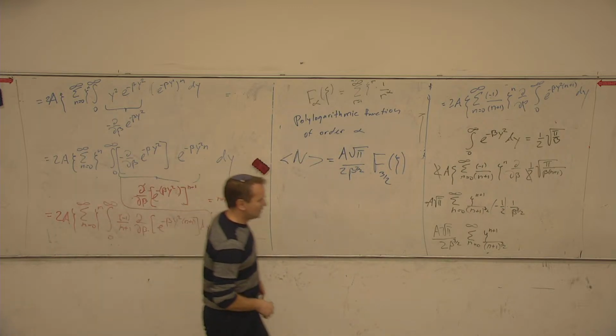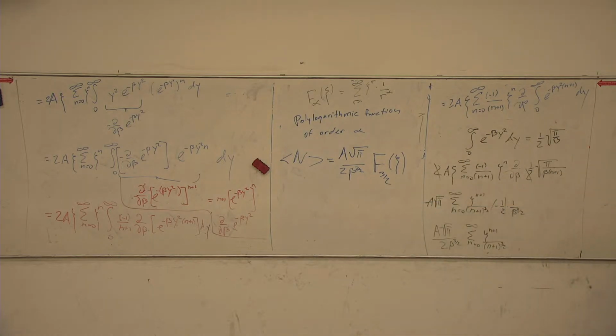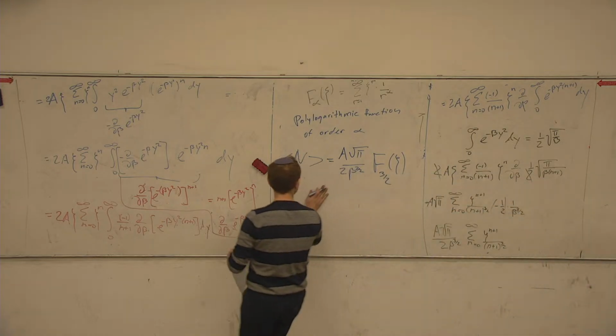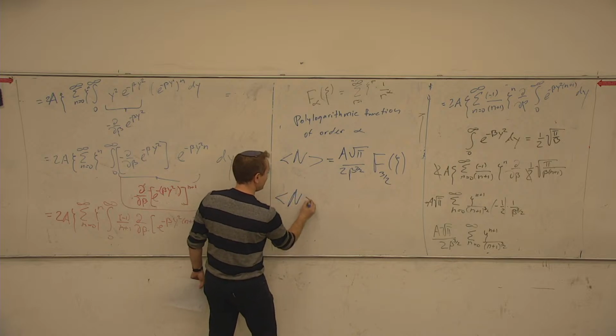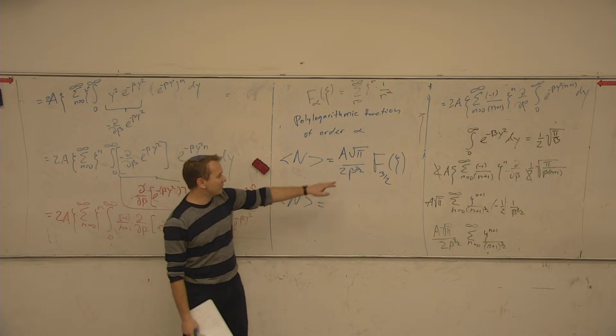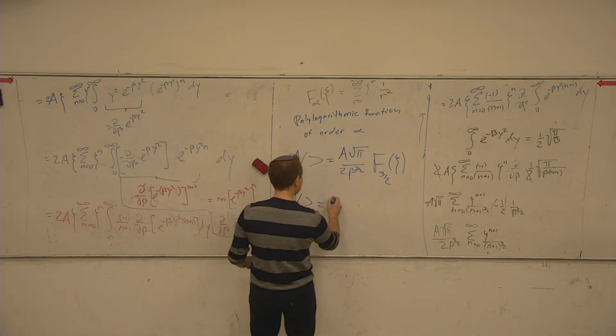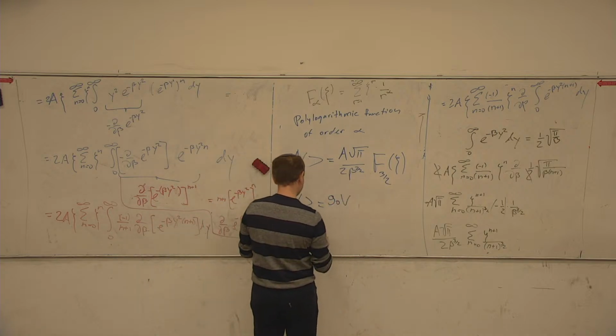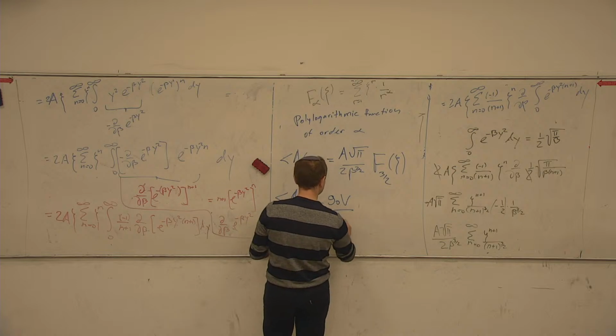Okay. Now I have a couple of minutes, so I want to treat this function. First of all, let's write it down in some other terms. So the average n, and here I just use whatever the values for A are or for beta. So we write it down as g0 V divided by lambda T to the power 3.